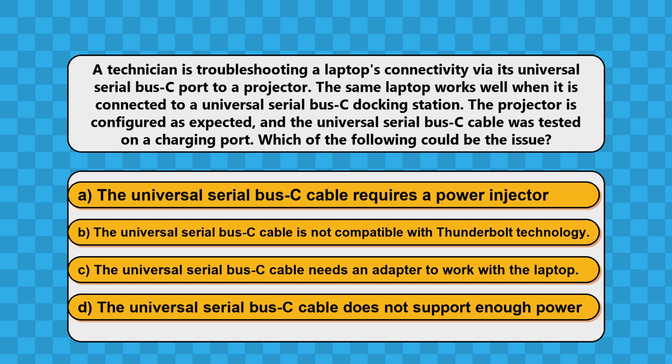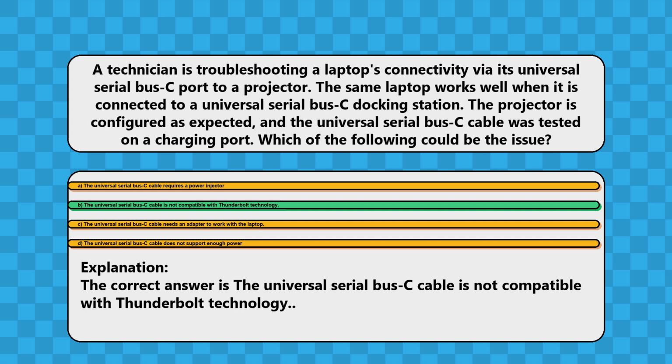Option B, the Universal Serial Bus C cable is not compatible with Thunderbolt technology. Option C, the Universal Serial Bus C cable needs an adapter to work with the laptop. Option D, the Universal Serial Bus C cable does not support enough power. The correct answer is option B, the Universal Serial Bus C cable is not compatible with Thunderbolt technology.